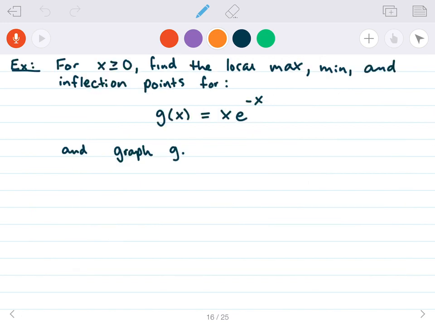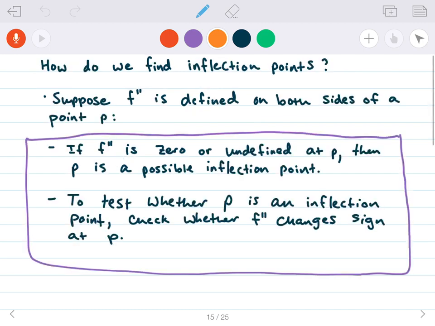Okay, so we want to find the local max, min, and inflection points for g of x equals x e to the negative x, and graph g. We want to keep these two bullet points in mind. The first thing we want to do is take the second derivative of the function, set it equal to 0, and figure out what that value is.